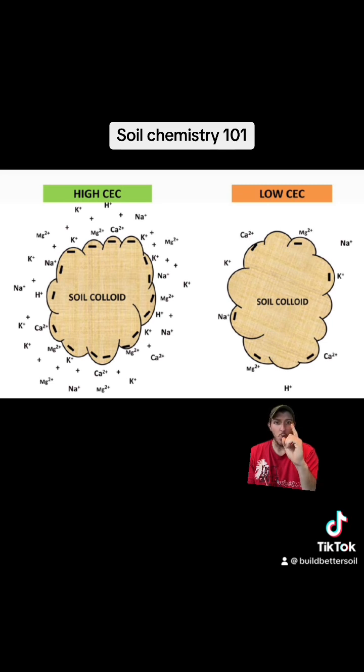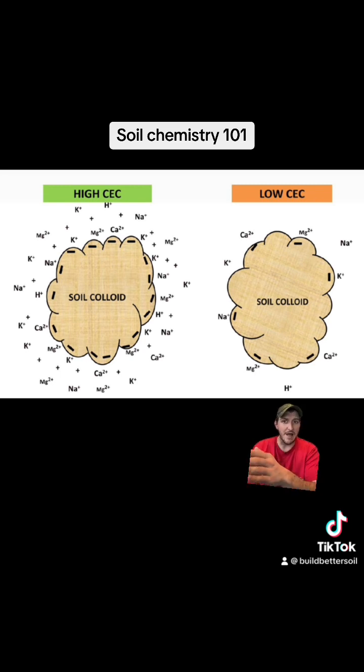A hydrogen is a 1+ charge. So when we put calcium carbonate on the soil and it reacts, the calcium is not altering the pH. However, it is a 2+ charge, as you see in the diagram behind me.